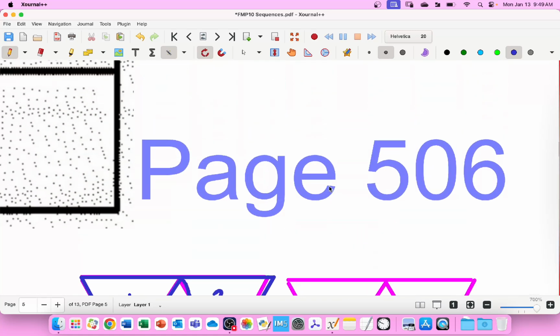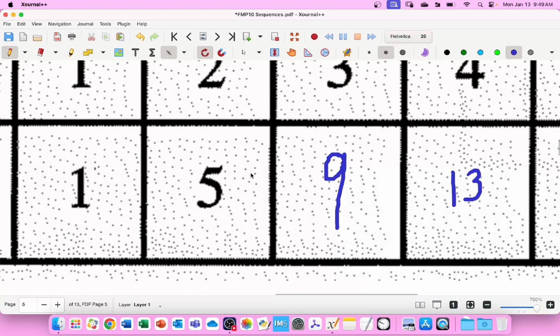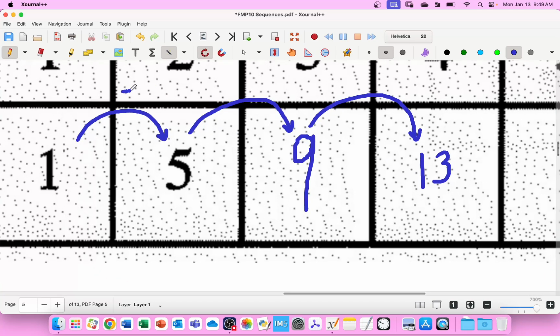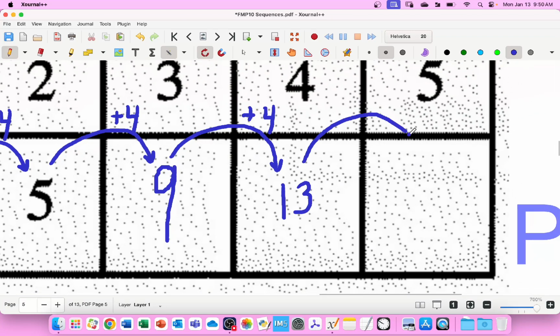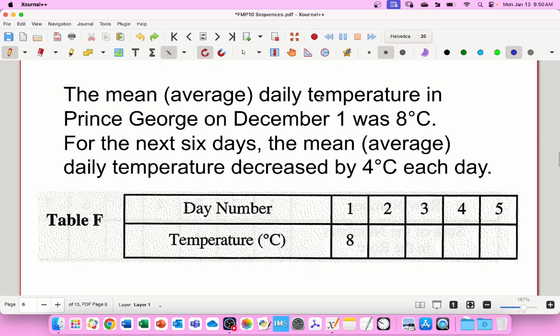So 13 triangles. And I'm starting to see a sequence, right? Something's going up by a predictable amount every time. It seems like that next diagram would probably have 17 triangles in it.